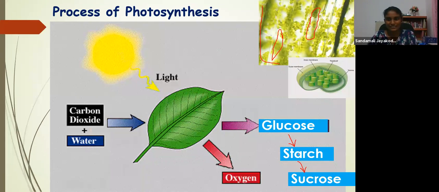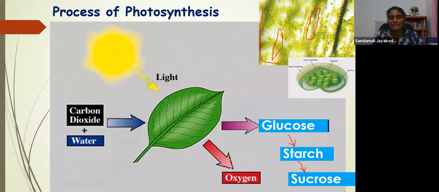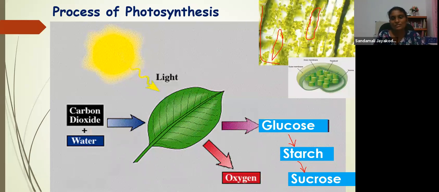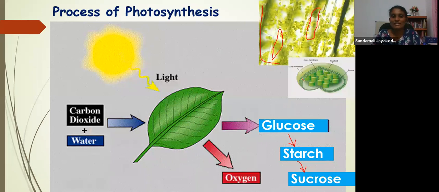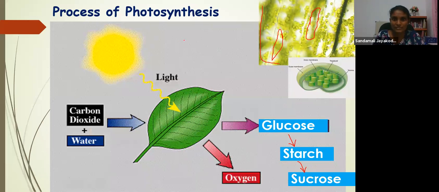Okay, miss. Okay. So the plant tissue which transports sucrose, or else the products of photosynthesis, is phloem. That tissue is phloem.